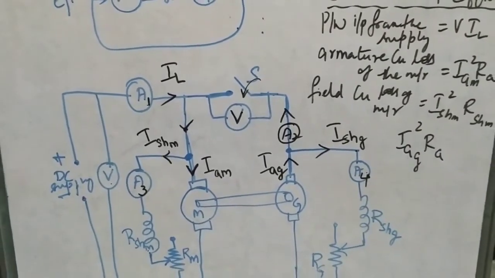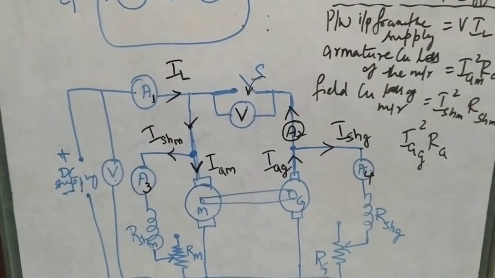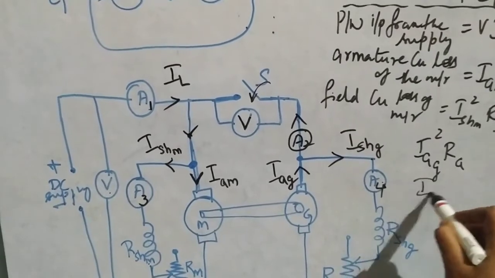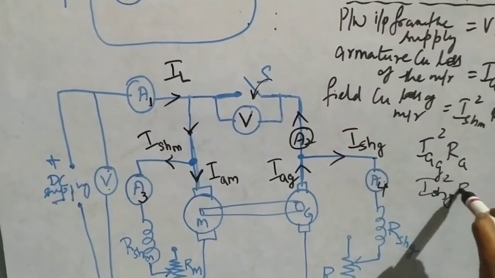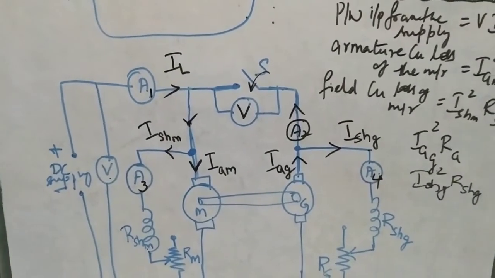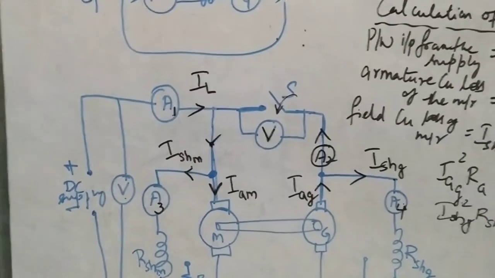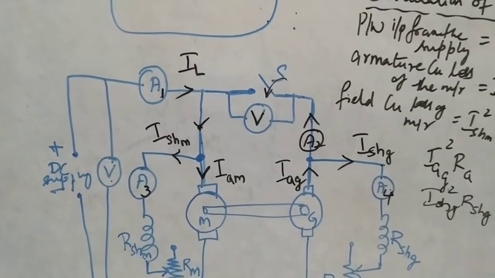The field copper loss of the generator will be I shunt G square into R shunt G. So these are the armature copper loss and field copper loss of the two machines.